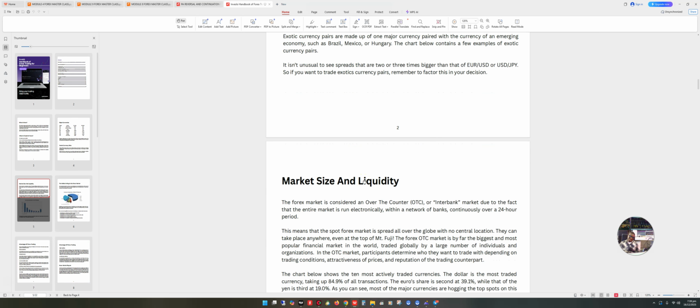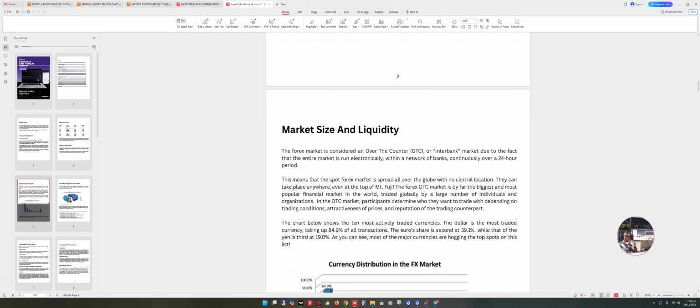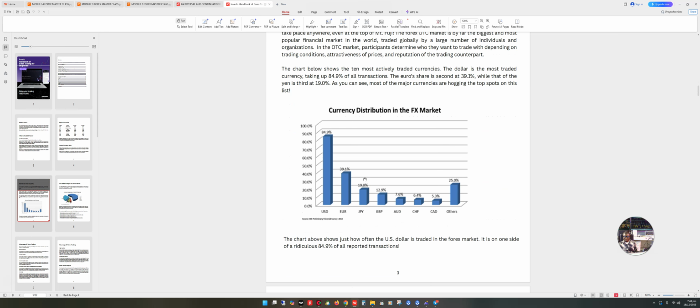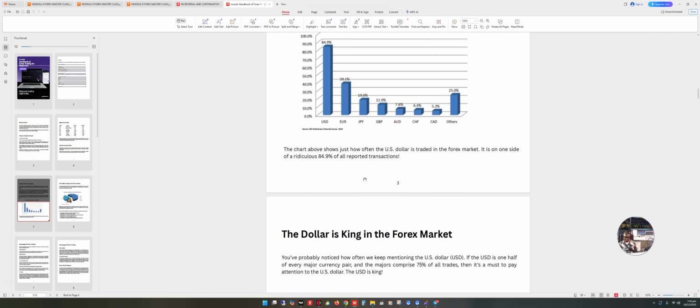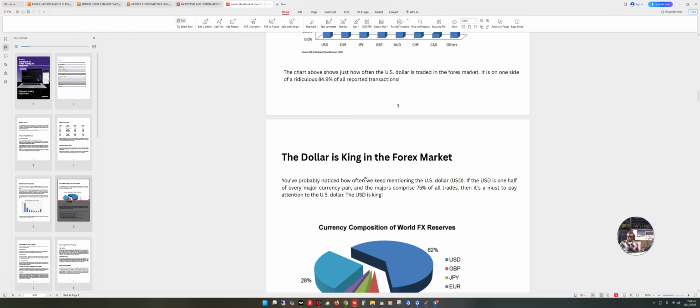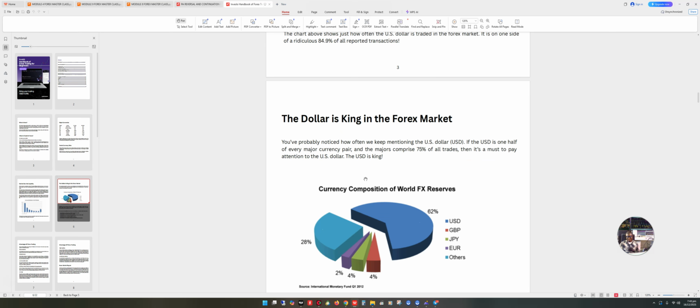Now, forex is the largest market, like I previously mentioned, and it's so large that it's larger than every other market combined together, and it's always liquid because it's traded 24/7. Now, first of all, we need to understand that the dollar is king because it's the reserve currency for most banks in the world.